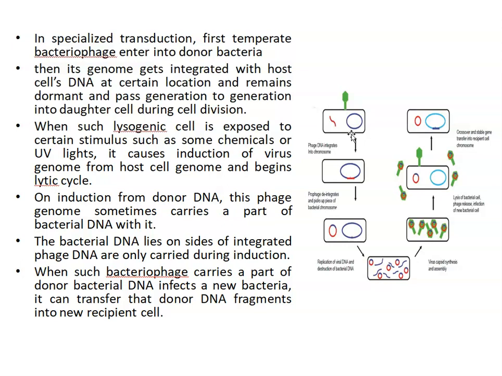On induction from donor DNA, this phage genome sometimes carries a part of bacterial DNA with it. This bacterial DNA lies on the sides of the integrated phage DNA and is only carried during induction. When such a bacteriophage carries a part of donor bacterial DNA into a new bacterium, it can transfer that donor DNA fragment and form new recombinant cells.